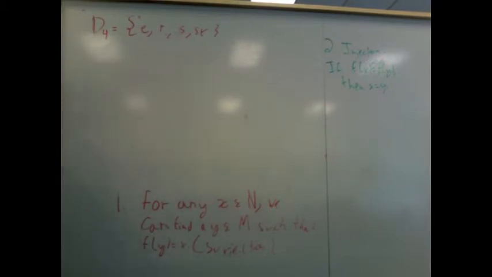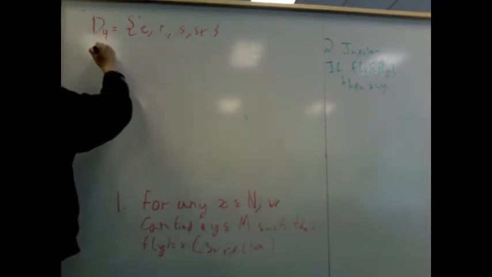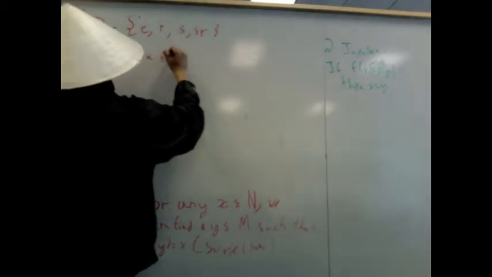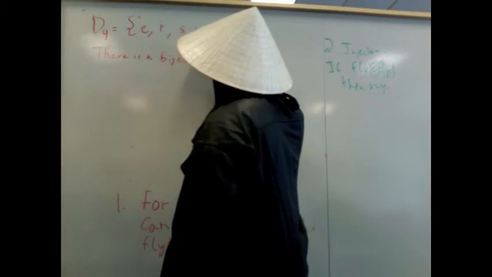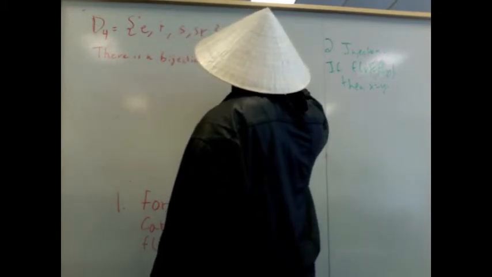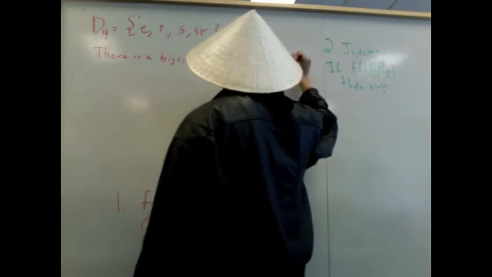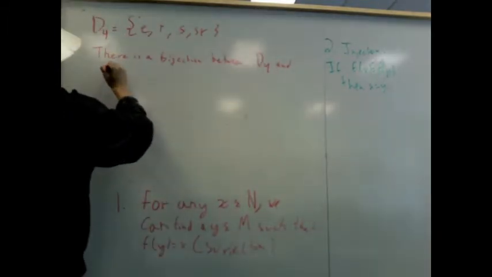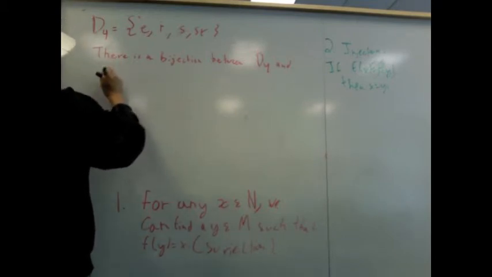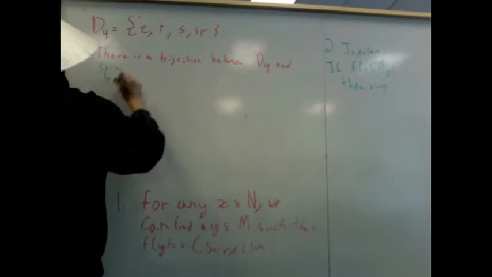So I say there is a bijection between D4 and the set {1, 2, 3, 4}.